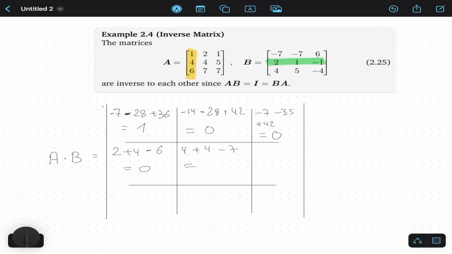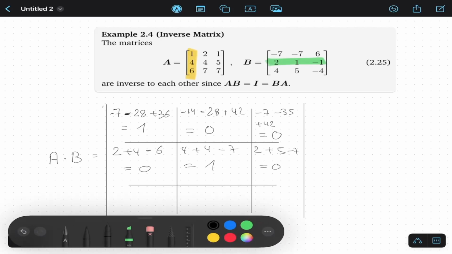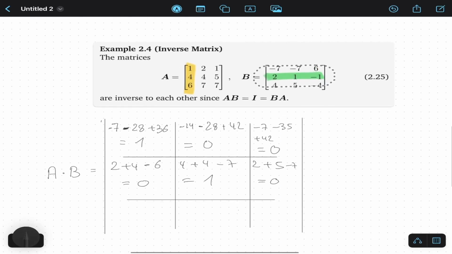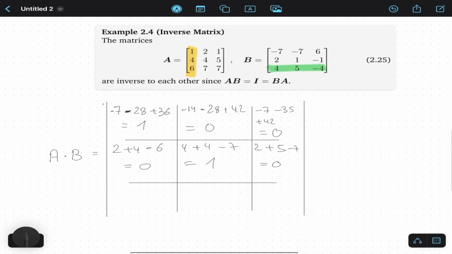This is 1. And then we move yellow to the right. Then we have 2 plus 5 minus 7, which is 0. Okay, that's good. So let's move that one down.